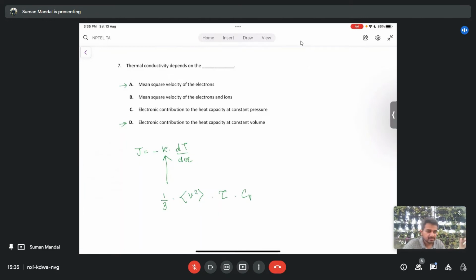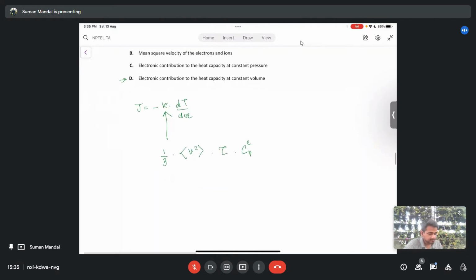Remember we are taking the electronic density per unit volume, so we have considered a particular volume to study the thermal conductivity, and so we don't consider the effect of pressure. We say that this volume is constant, and then we have dT by dx.